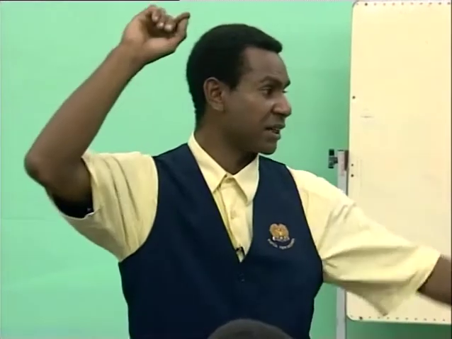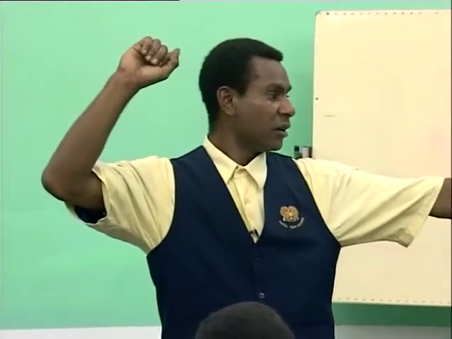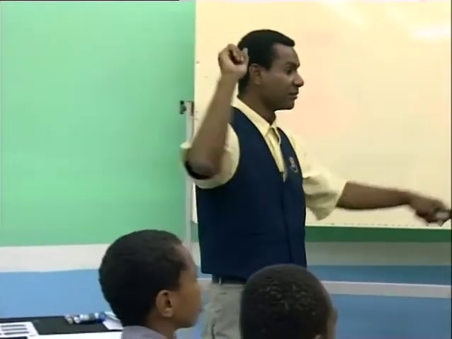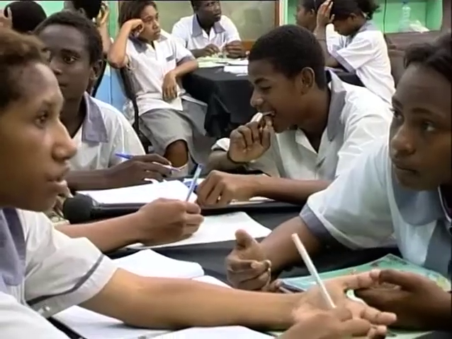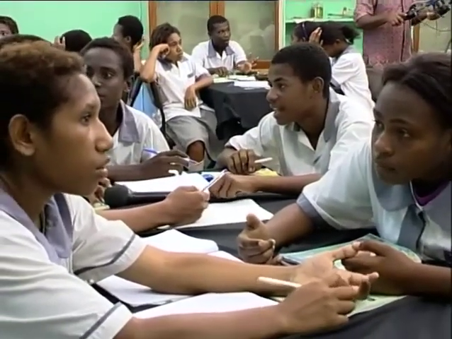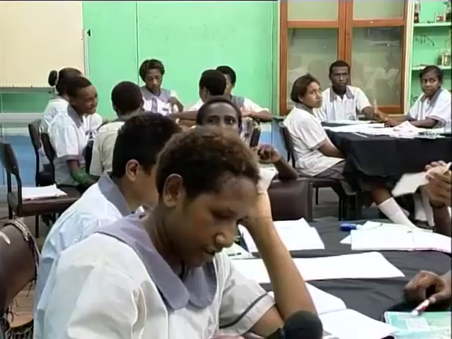Okay, let's have one answer. Evelyn will give us one answer. Who makes the food for the plants? Then we'll have another two before we go. Sunlight, salt, water, and nutrition.